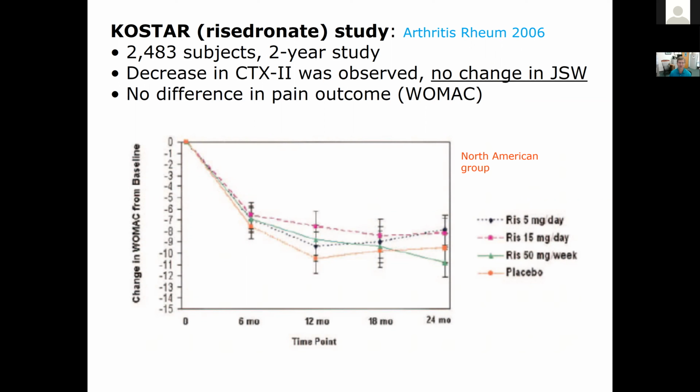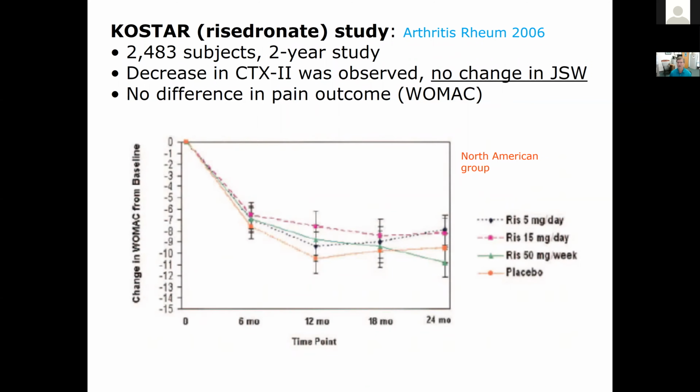This is a biomarker of cartilage degradation, but it's also influenced by bone degradation as well. So the biomarker was decreased, but there was no change at all in the outcome of change in joint space width. And also no difference in the pain outcome, which was WOMAC pain, a common outcome measure for knee pain in OA studies. And the pain outcome is shown here.